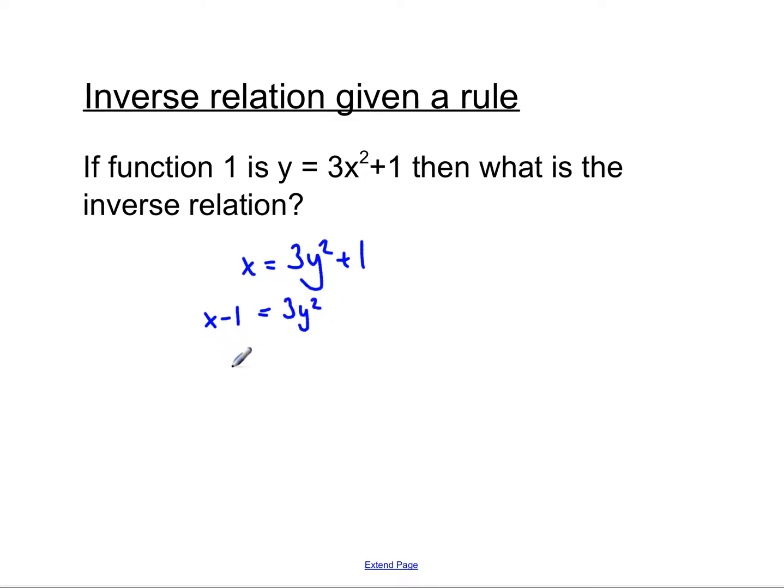I'll divide both sides by 3, so I'll have x minus 1 divided by 3 equals y squared. And finally, get rid of the square by finding the square root: the square root of x minus 1 over 3 equals y. So this would be the inverse rule, but we found that simply by switching the x and the y. That's how we do it.